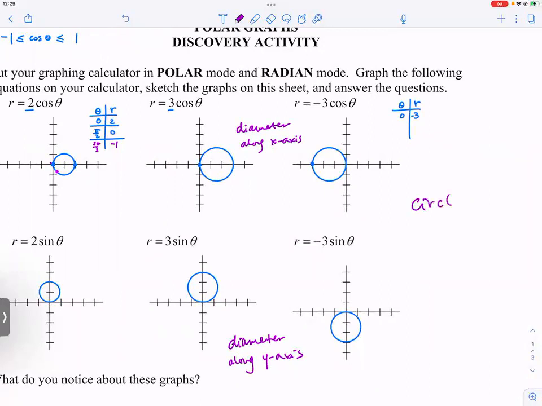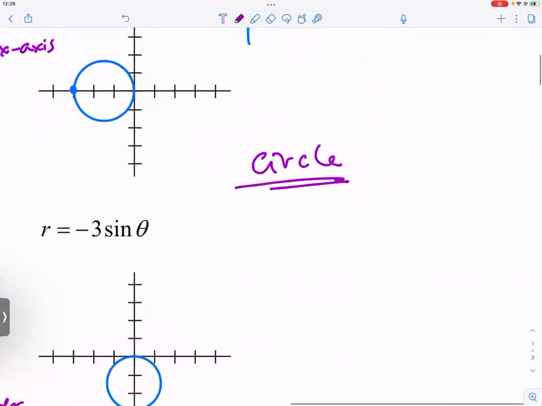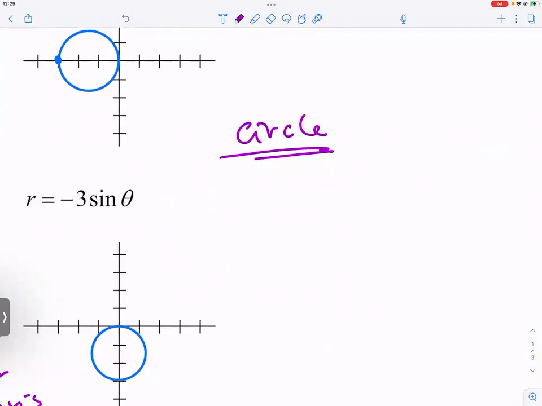So they are all circles. Let's summarize all the circle stuff right here. How do you know it's a circle when you take a quick glance at the polar equations? Well, if you see something like this or this, simple, a number times the sine function or cosine function, that's your circle right there.